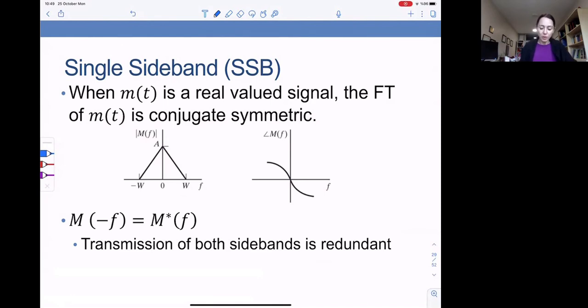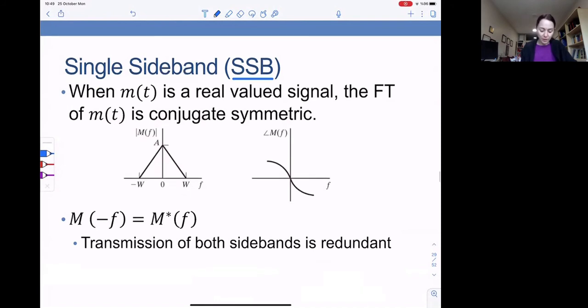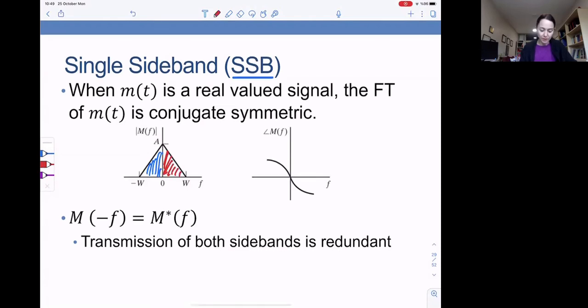Now, we will talk about something called single sideband AM modulation. Remember, when we first talked about the double sideband suppressed carrier modulation, I said that it was bandwidth inefficient. Why? Because you take this signal, there is a, suppose this part is blue and this part is red.